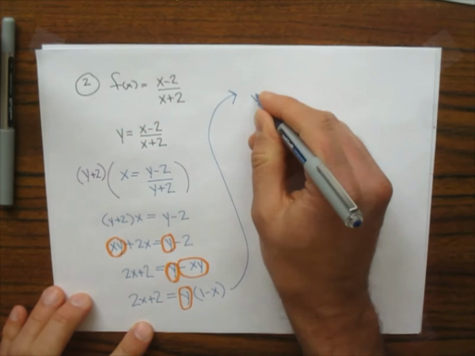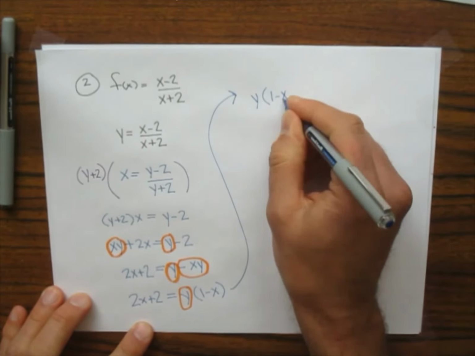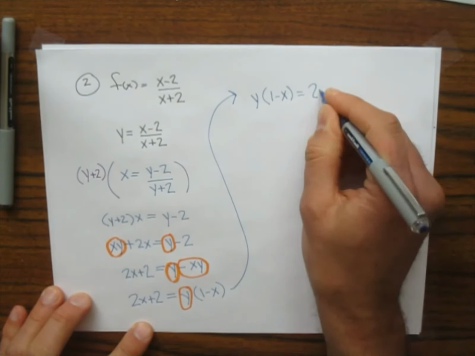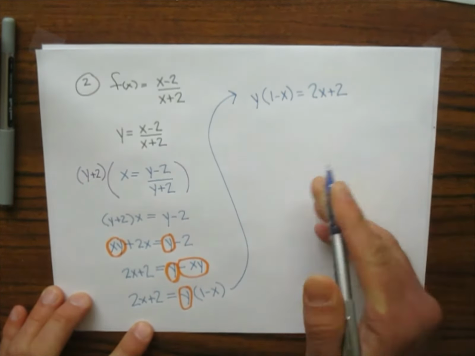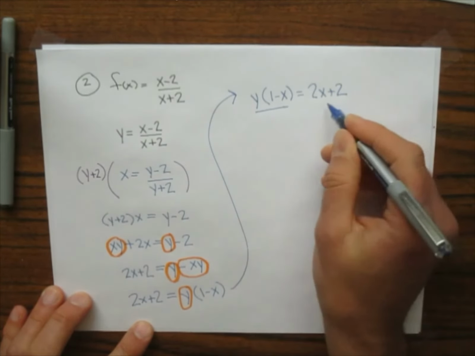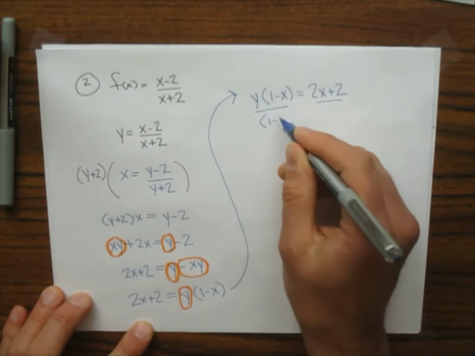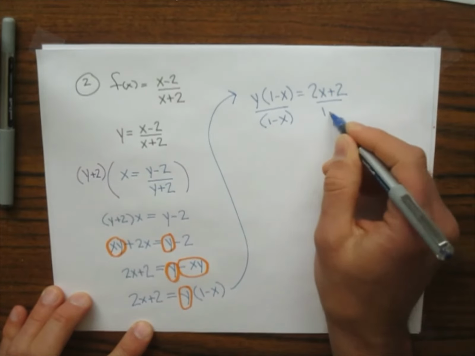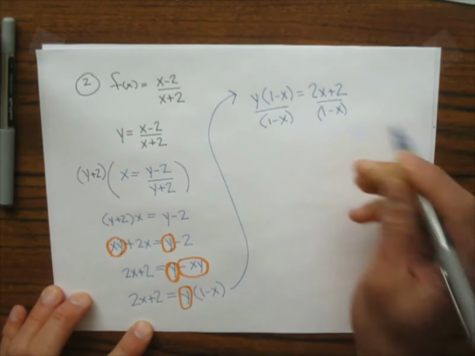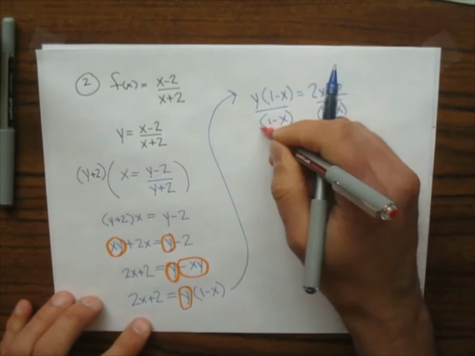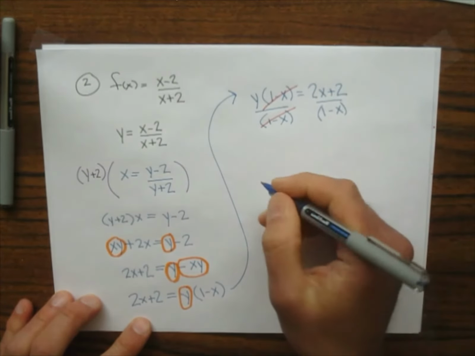So let's just rewrite this. Y times 1 minus x equals 2x plus 2. I'll divide both sides by the 1 minus x. And so that gets y all by itself.